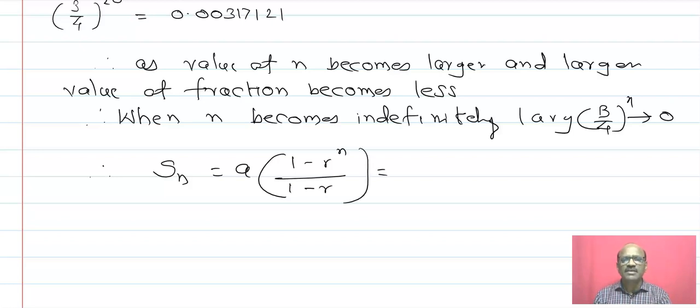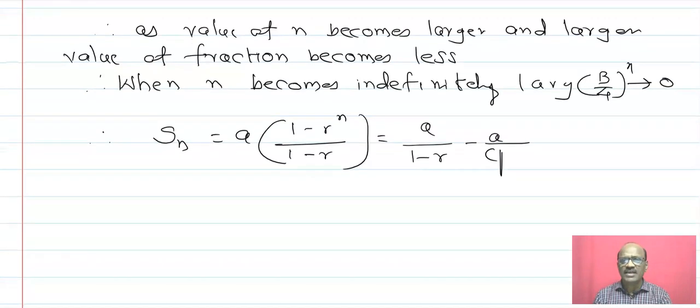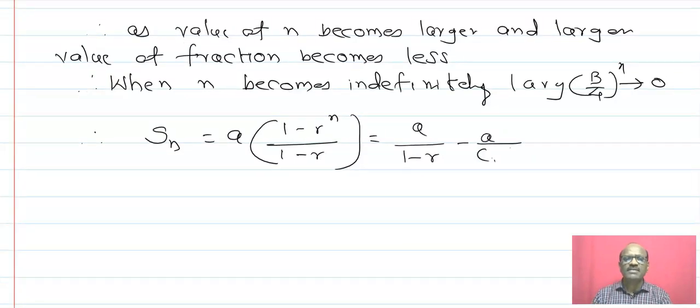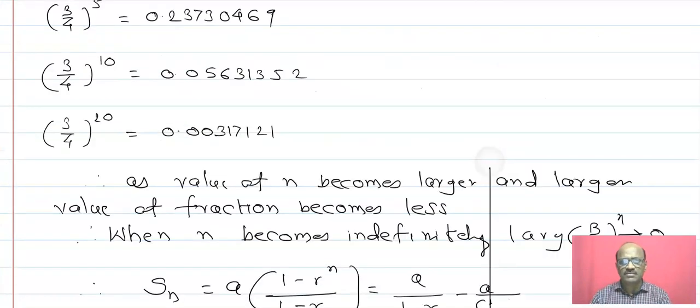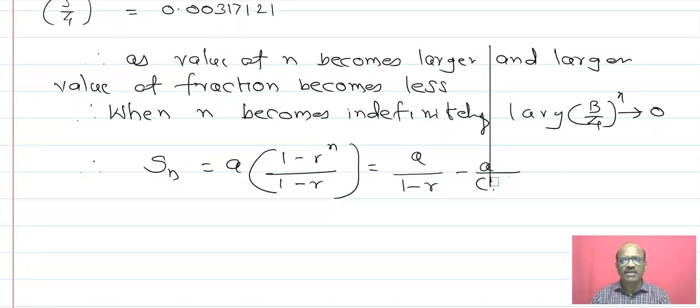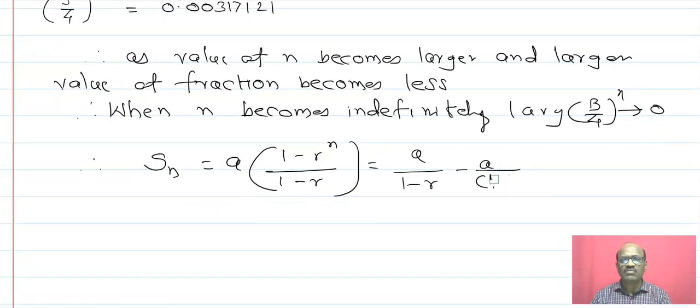Therefore, here we write Sn: r^n becomes 0, so in the numerator only the term 1 into a, that is a, remains, upon 1 - r. Therefore, whenever there is a geometric progression with mod of r less than 1, the sum is taken as a upon (1 - r).